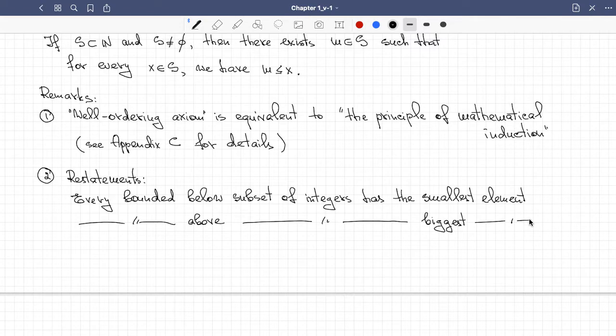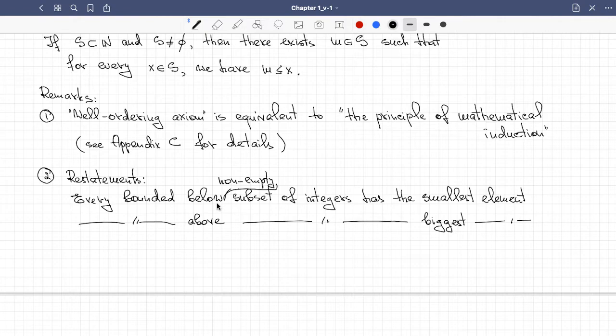Oh, I forgot to say, bounded below and above, in both cases, the subset should be non-empty. That's very important because the process I just described may never stop for an empty set.